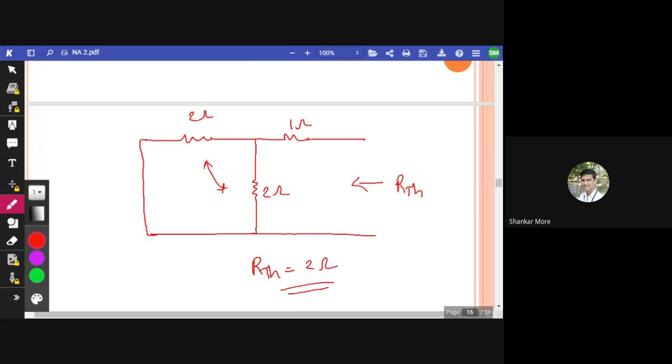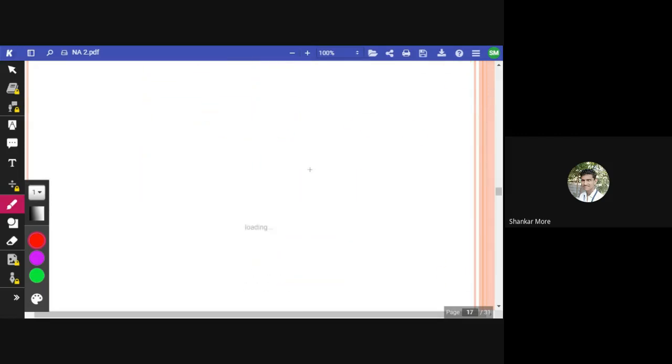Now this method is not applicable when there are dependent sources present in the circuit. So let us suppose dependent sources are present in the circuit. In such cases, what are we going to do? Write down the steps. I will write it for you here.